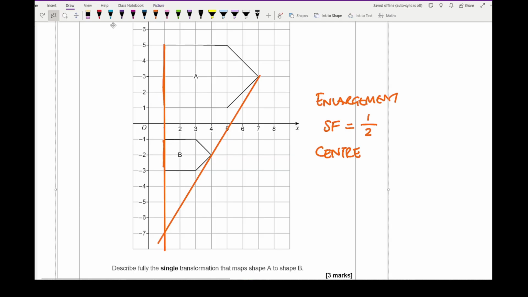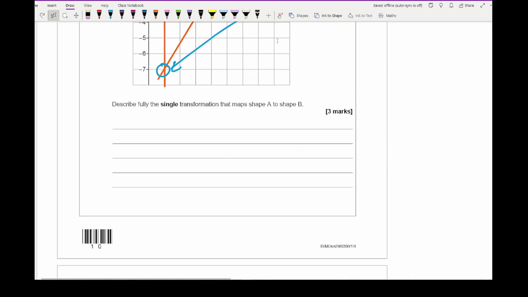My centre of enlargement is this point here, which as a coordinate is -1... oh no, -1, -7. And there we go. So to get the 3 marks, you just need to state those 3 things.